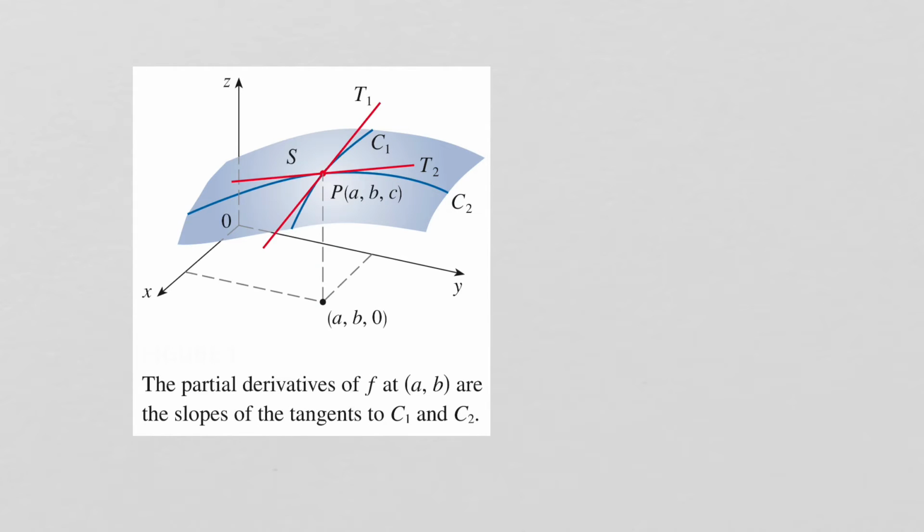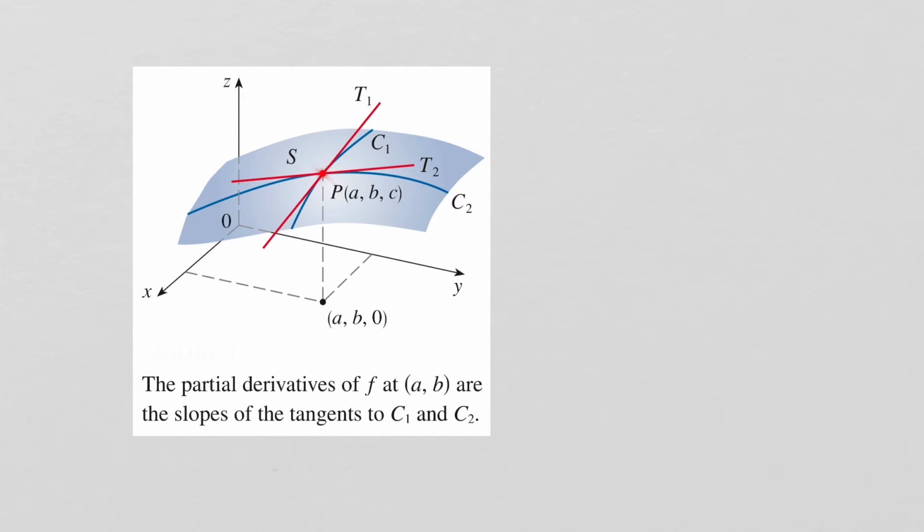Now let's just take a quick look at the graphical meaning of partial derivatives. So if you have a function z equals f of x, y, you are going to get some surface in 3 dimensions.